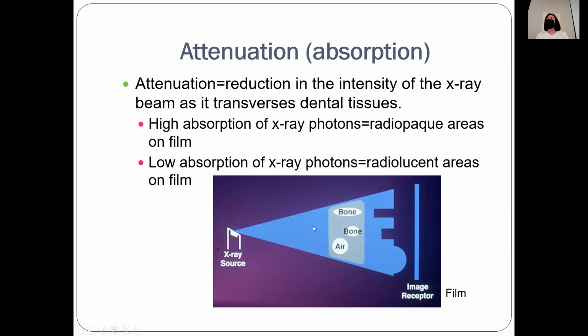Here, the X-ray photons are coming down and hit some bone that's thicker than air, so it stops them a little bit short, but they still get a little farther than this bone, which is even thicker. So the X-ray photons get absorbed and even fewer get to the sensor. So the thicker something is, the more dense it is, the more X-ray photons are going to be absorbed. And then on the other side, on the sensor, it's going to be a darker area, a more radiolucent area.